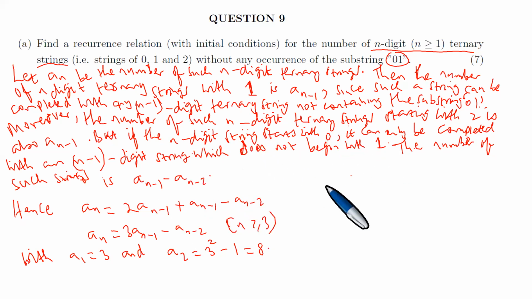So you'll have the a_{n-1}, right? Because, if the n-digit string starts with 0, it can be completed with an n minus 1 digit string which does not begin with 1. So because you start with 0, then you can't start the other string with 1.